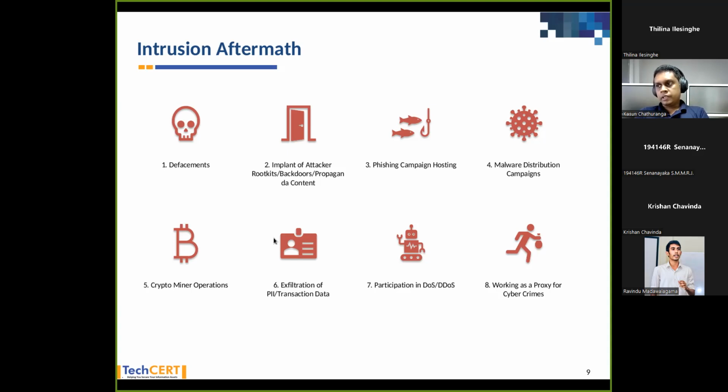they use the data stored in the website, exploit it and sell it. There are two types of sensitive data which attackers are specifically looking for. These are transaction data, and personally identifiable data, PIIs.